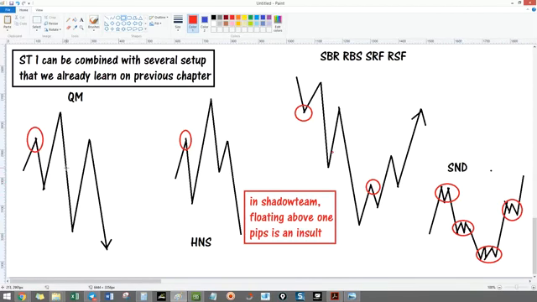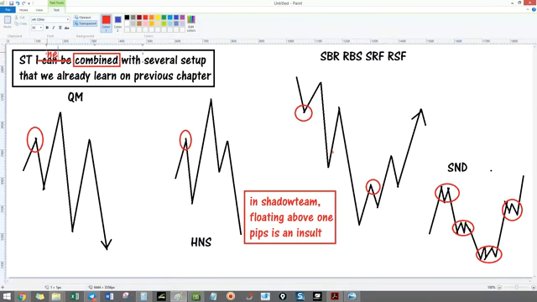This is the setup, and ST1 need to be combined. Okay, need to be combined.